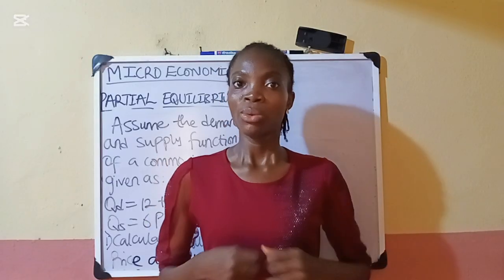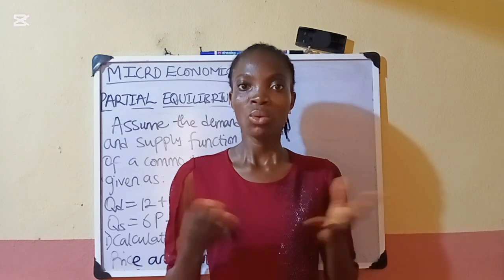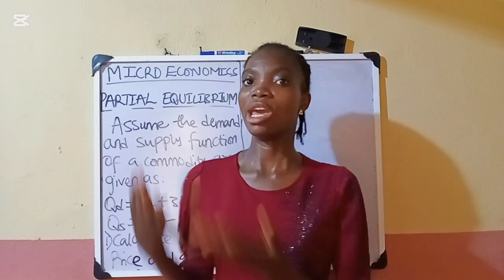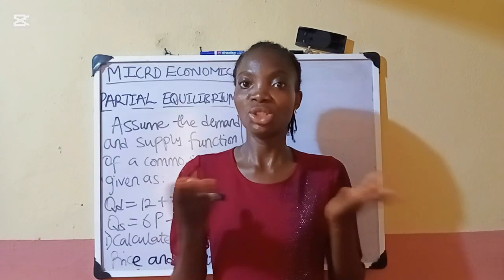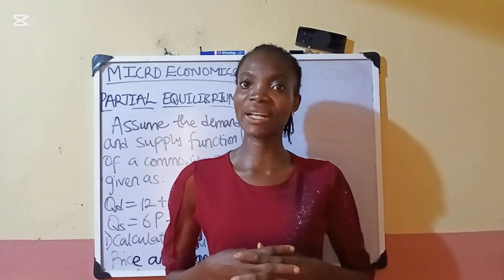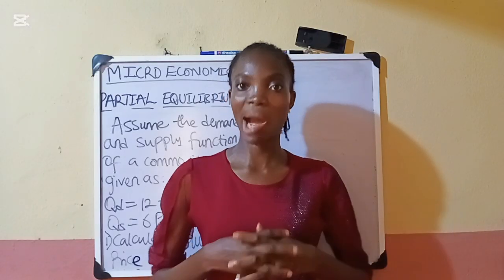So obviously, we are going to have one equilibrium price and one equilibrium quantity, which simply makes it a single good market, or you can call it a one good market, which shows that it is a partial equilibrium question. So we are expected to have one equilibrium price and one equilibrium quantity as our answer.